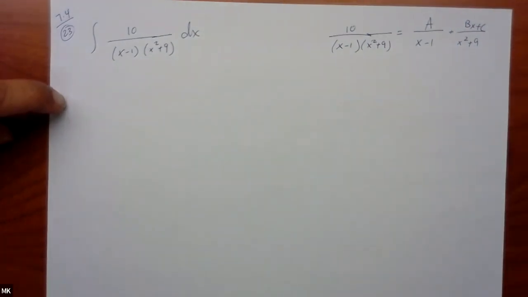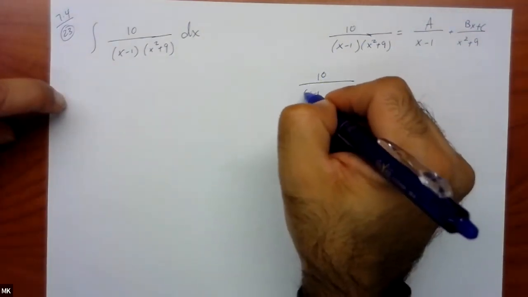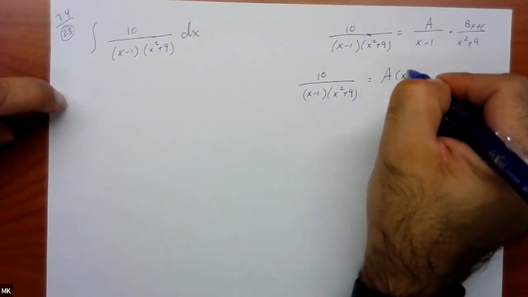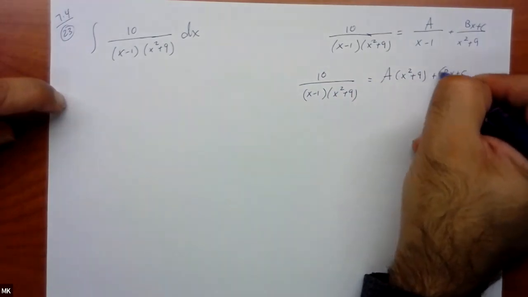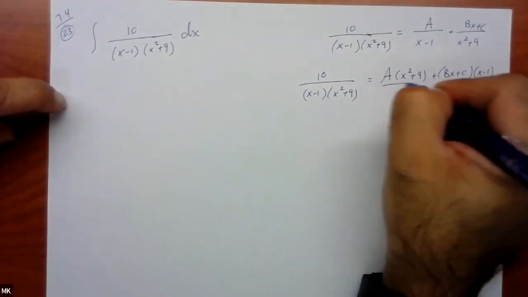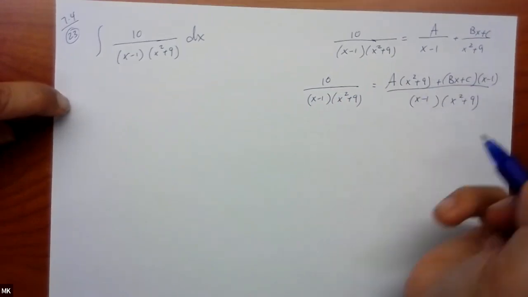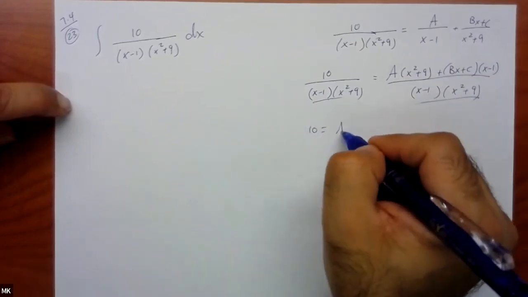So let's get the common denominator. Once again, my denominators match, so the numerators would have to be the same.